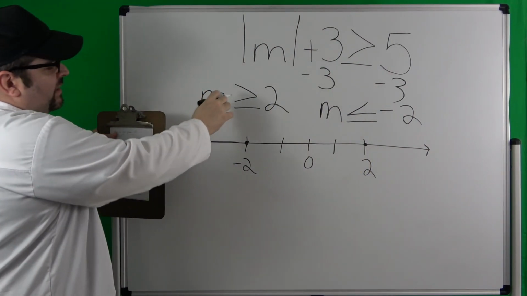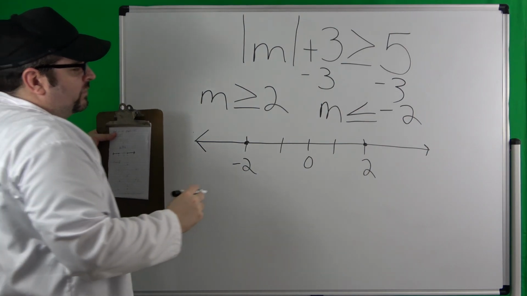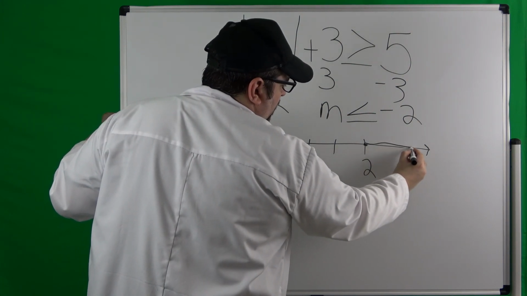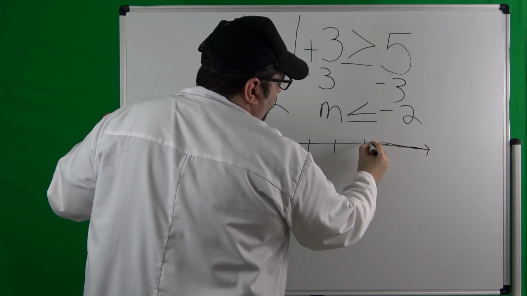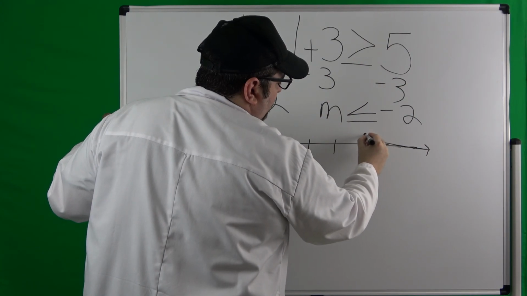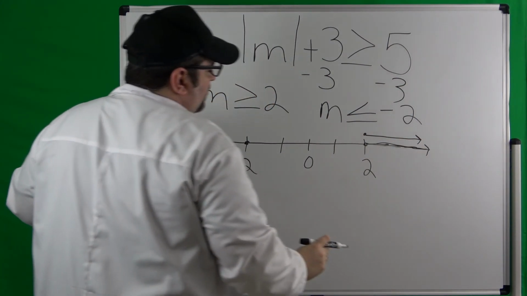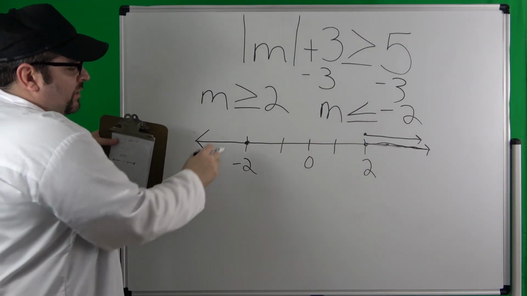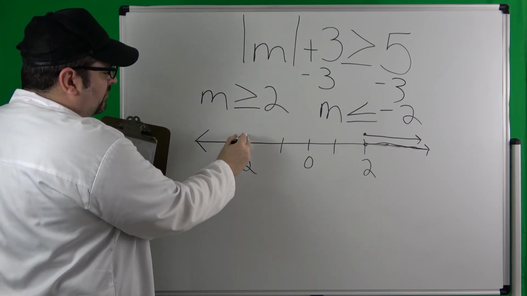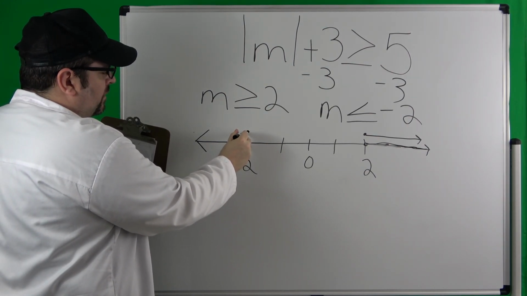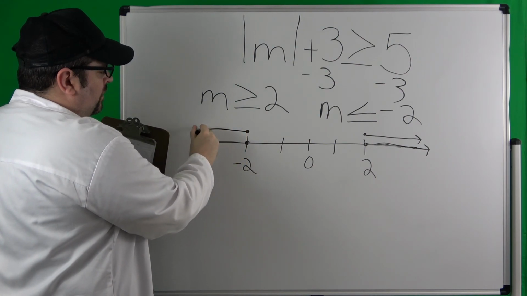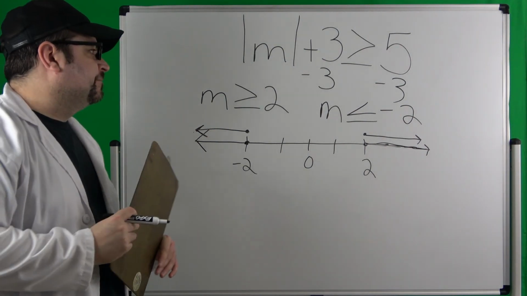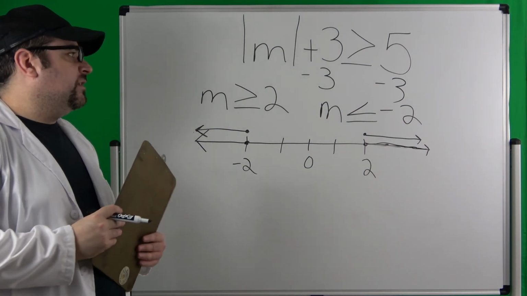For the first one, m is greater than or equal to 2, I'll just draw it above here. That goes on. Or m is less than or equal to -2. There's -2, less than or equal to. There you go. So you would just pick the graph that looks like that one. And that's absolute value for you.